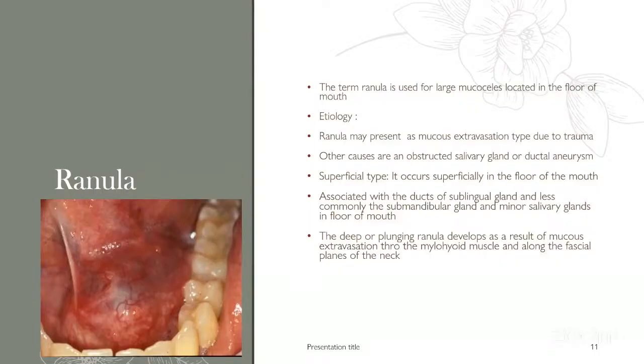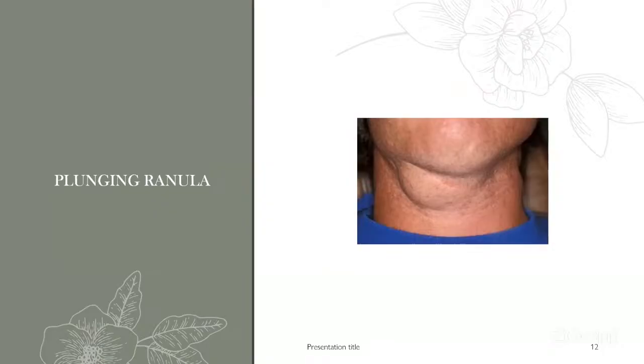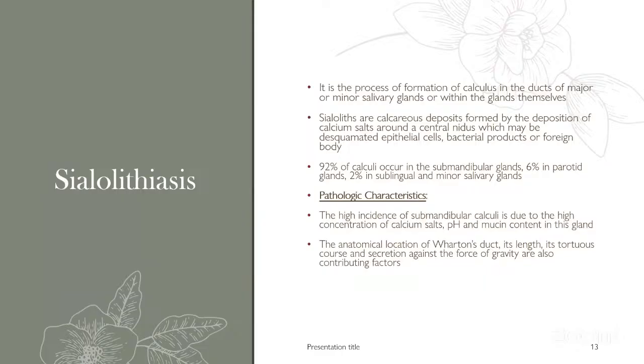So the superficial type occurs superficially in the floor of the mouth, and the deep or plunging ranula is due to the mucus extravasation through the mylohyoid muscle into the fascial planes of the neck. So this will be seen as a swelling in the floor of the mouth. And the plunging ranula occurs as a swelling in the neck.